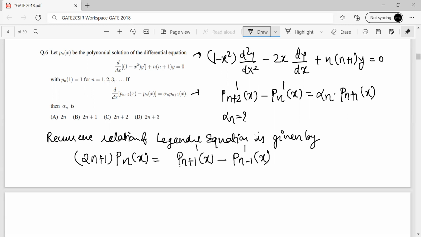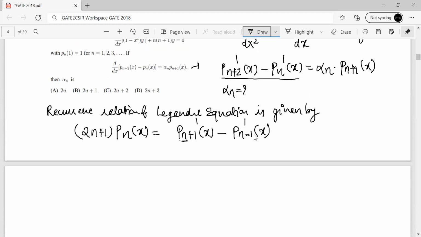And now, if you see, they have given n plus 2. So in place of n, I have to take this recurrence relation for n plus 1. This works for every n, so it should work for n plus 1 even. So for n equal to n plus 1, let us write it down.